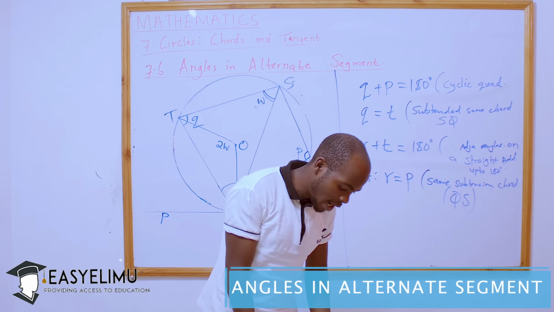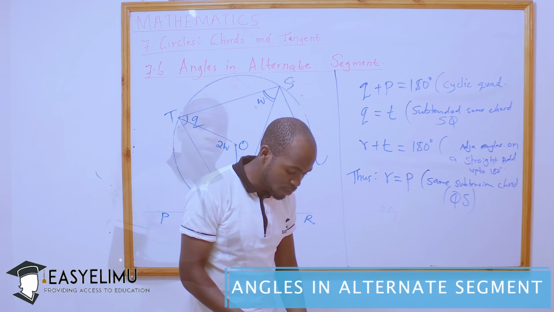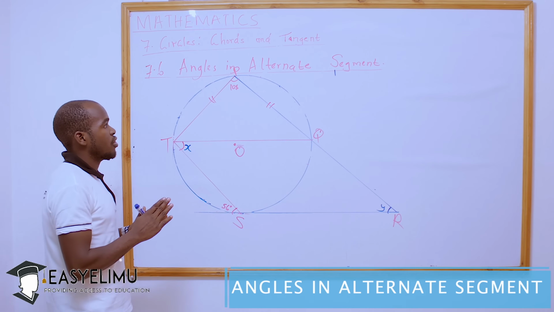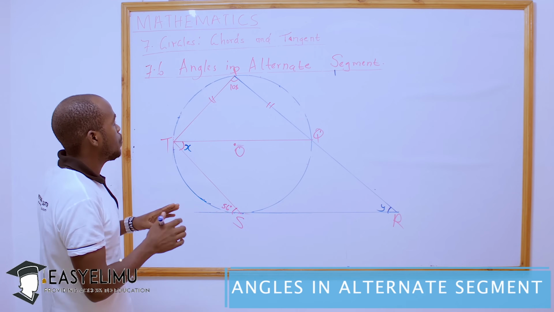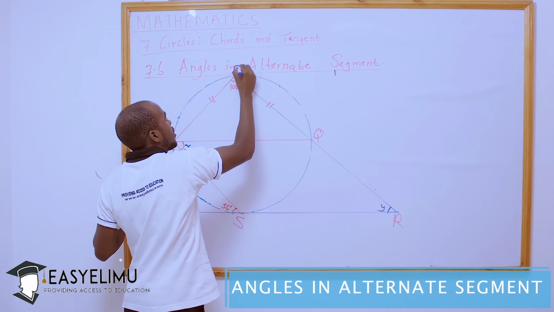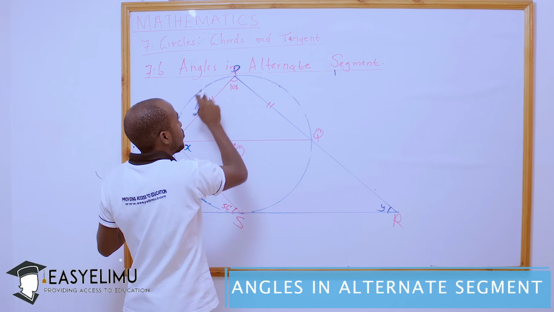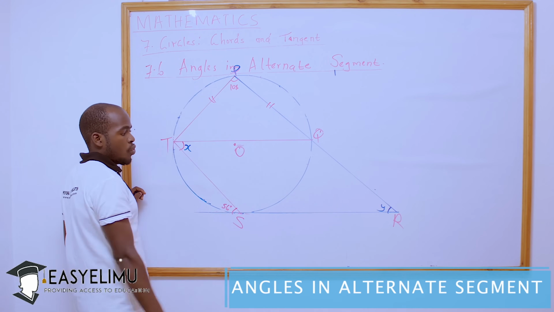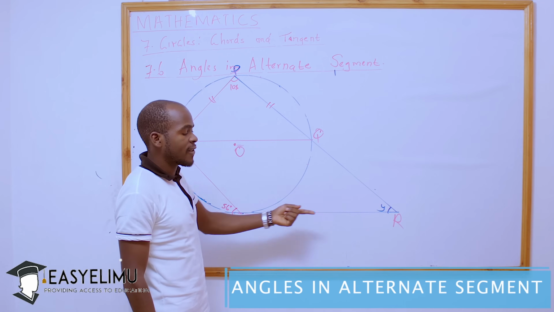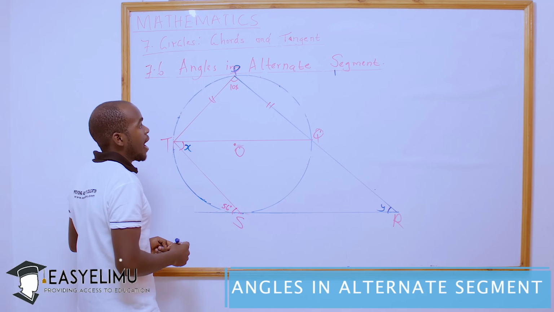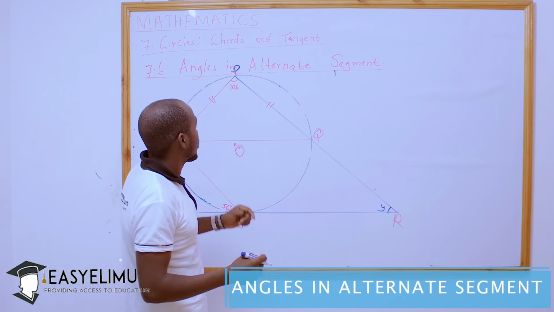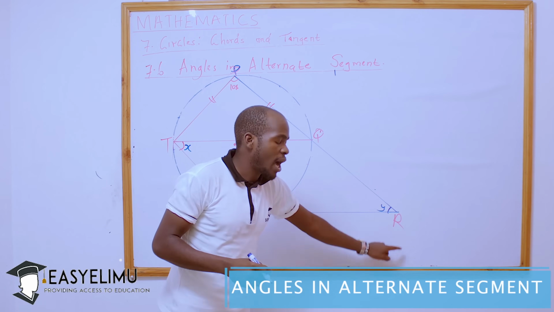So we shall work out one more example. We are having a circle TPQS, with SR as a tangent to the circle, and another secant, which is PQR.